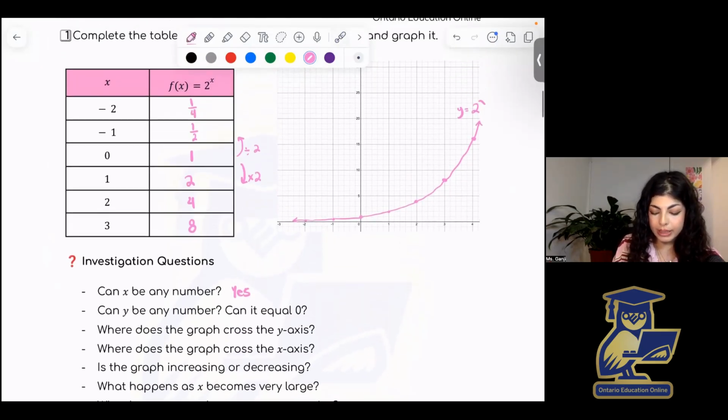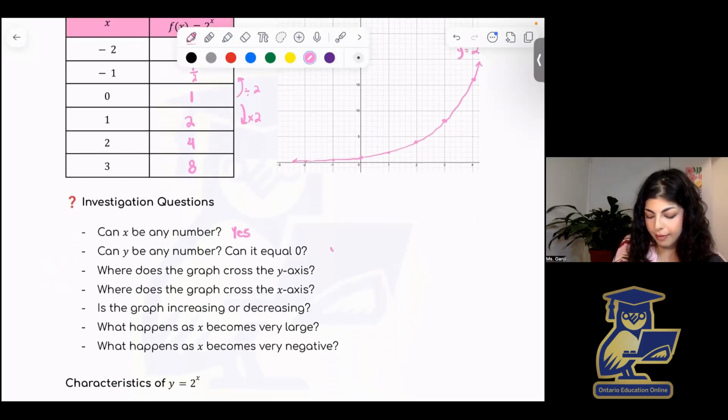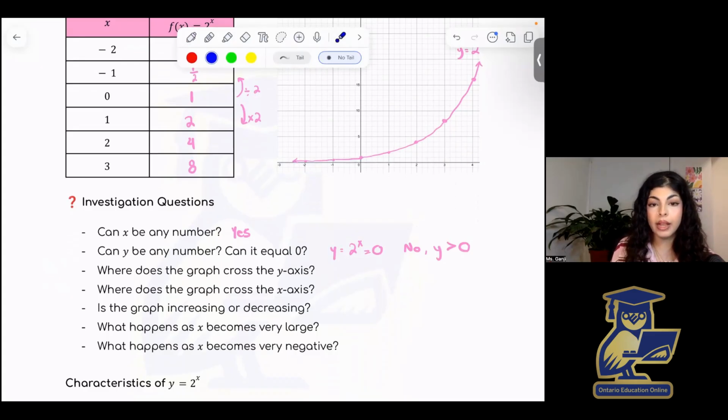And for example, even consider, can it be equal to 0? So can we have y equals 2 to the power of x be equal to 0? Which we saw that no, this is not possible. And in fact, y is actually greater than 0 in this case because of that asymptote or that lower limit.